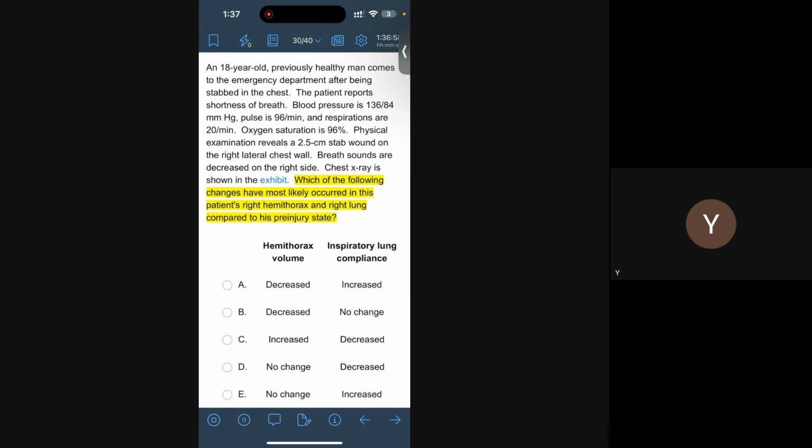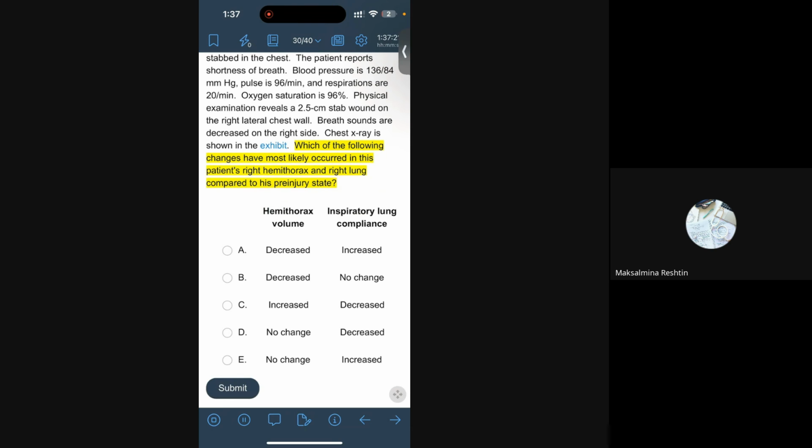Will the chest wall spring outwards? Outward. Yes. When there is air there, the chest wall is going to spring outwards. So that's why the right-sided chest wall would have a larger volume now. Increase. Okay, so the hemithorax is going to be increased. What will happen to the lung compliance there?